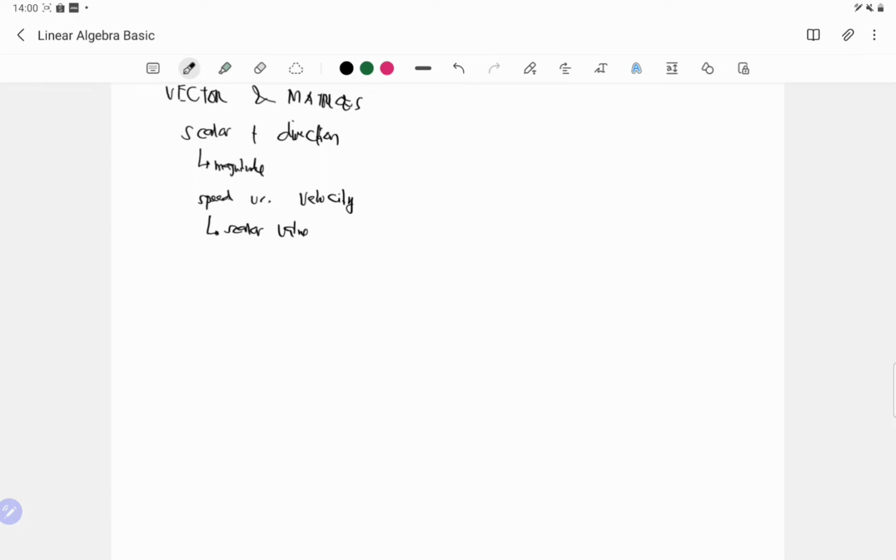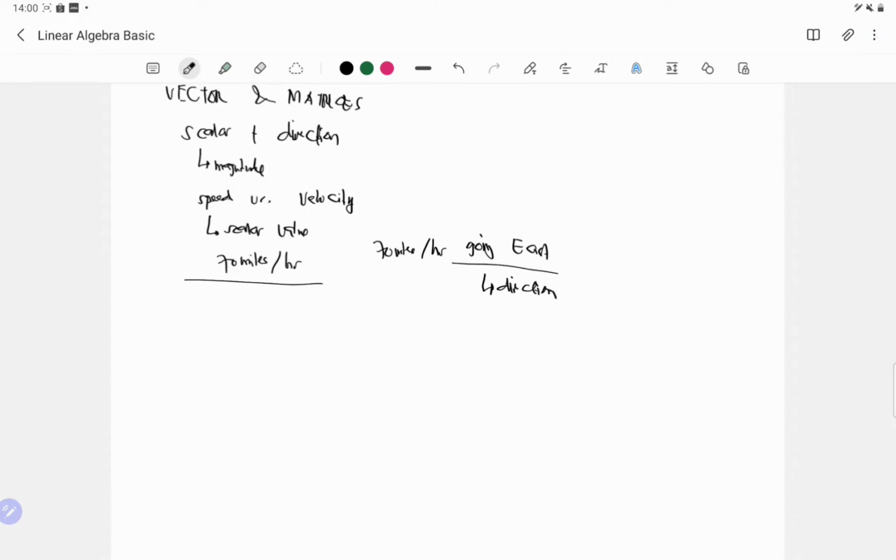For example, the car runs at 70 miles per hour. That's the speed. Whereas for velocity, you can say that the car is running at 70 miles per hour going east or west. So here it shows a direction where it is heading.